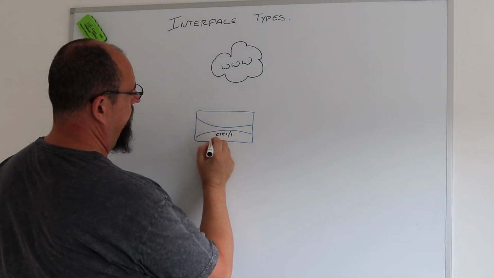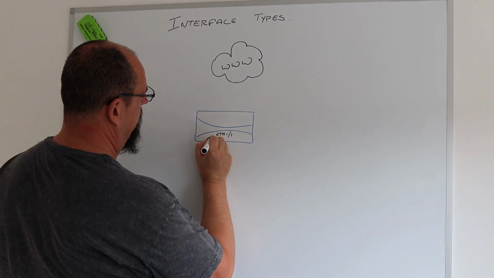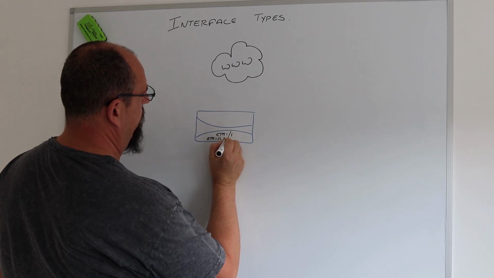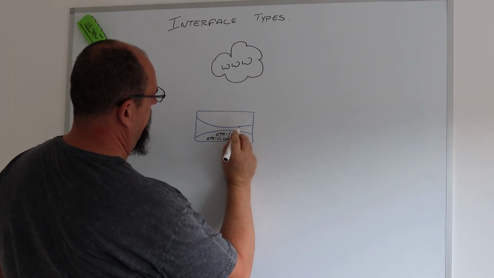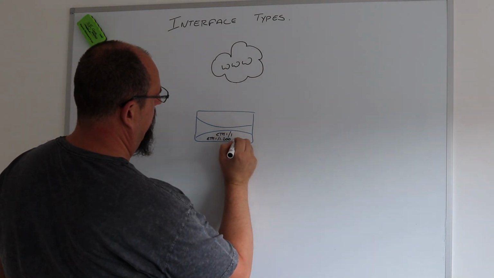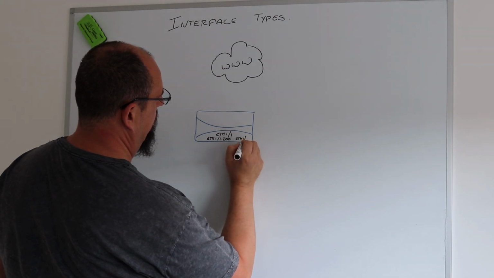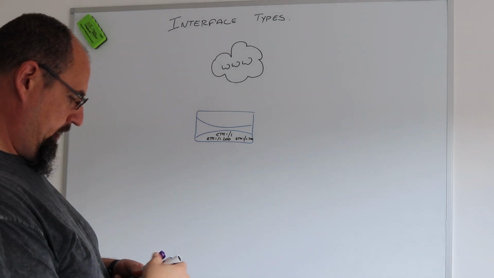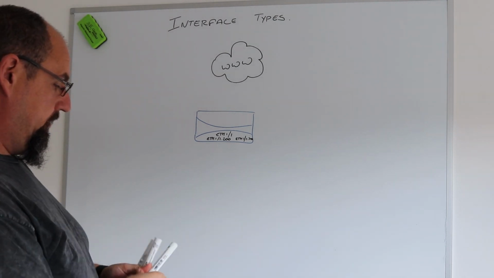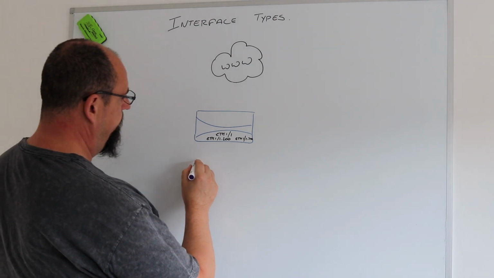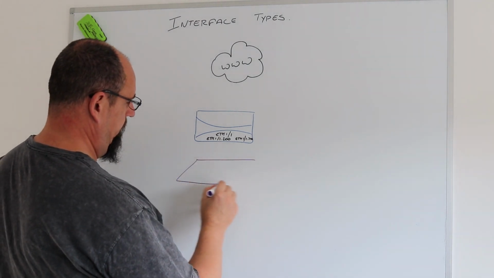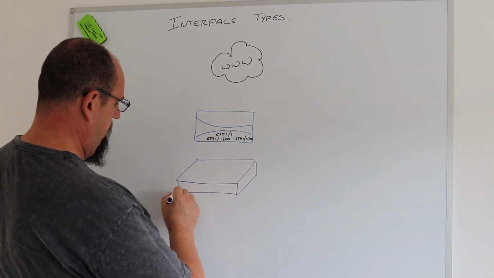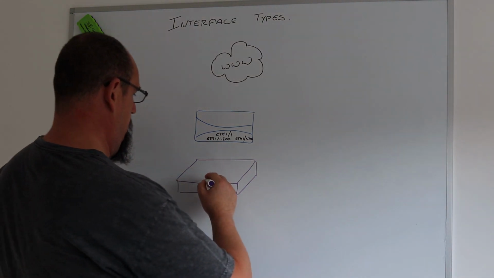And then underneath it we'll have sub-interfaces for ETH 1.200 and ETH 1.300. And then that'll come down to a switch here and there.